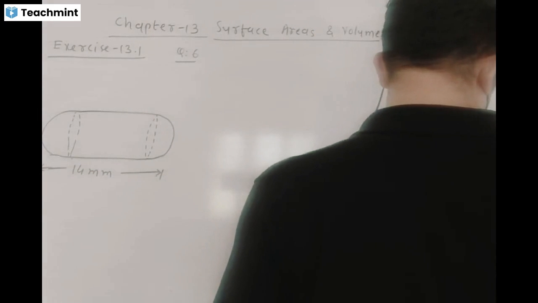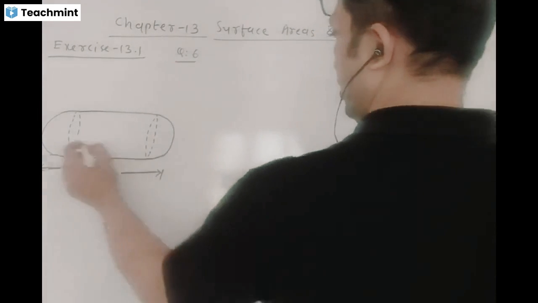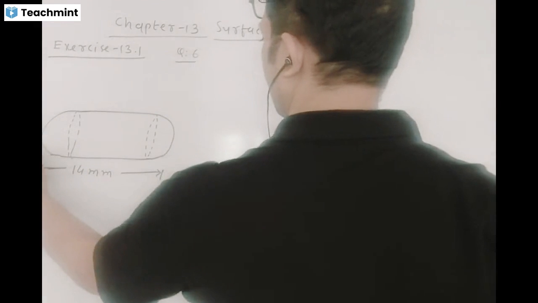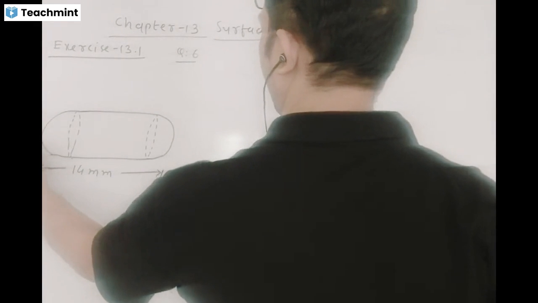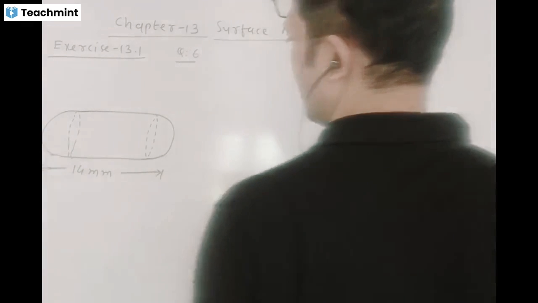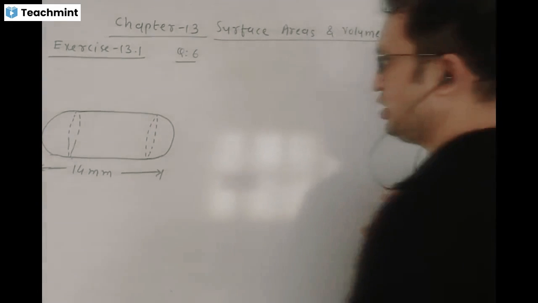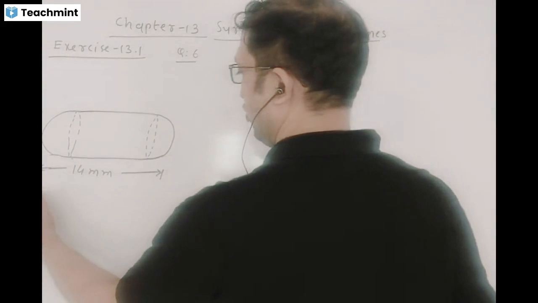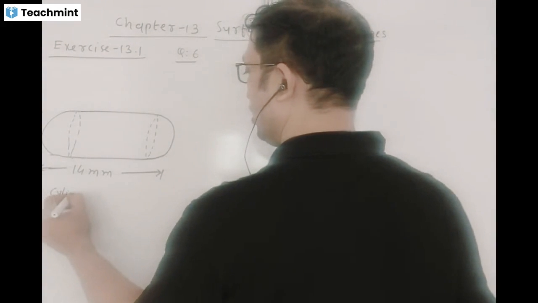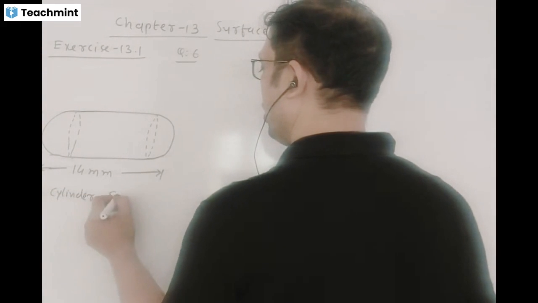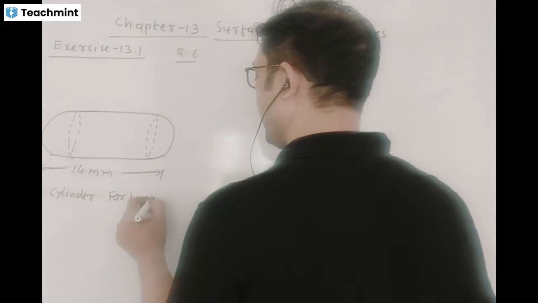And the diameter of the capsule is 5 millimeter. That is the diameter of the capsule, and that is 5 millimeter. Okay. There are two steps. Find its surface area, for cylinder and for hemisphere.